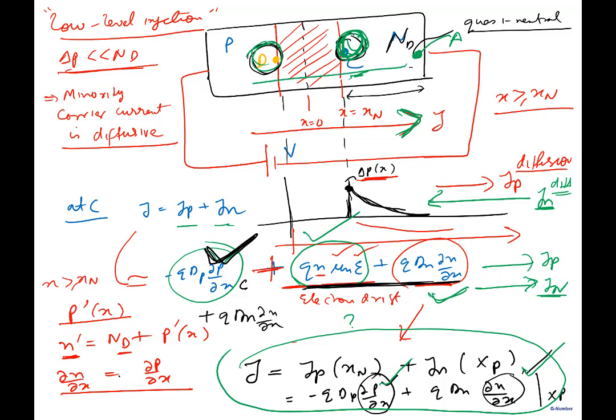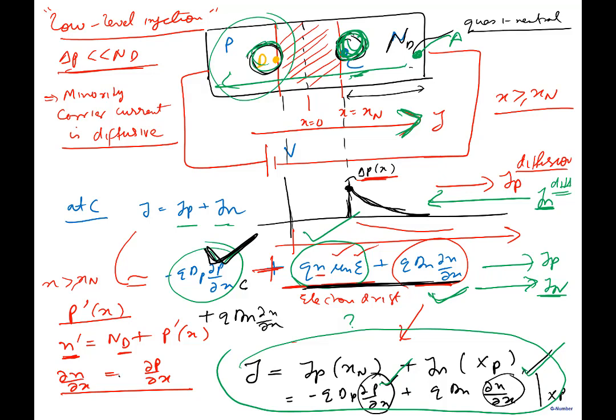Electrons are flowing from here to here, right? Who decides what is the bottleneck for current flow? You're going from point A to point B and there's a traffic jam somewhere in the middle. Who determines the rate at which you go from A to B? The traffic jam, right? This is the bottleneck to current flow.